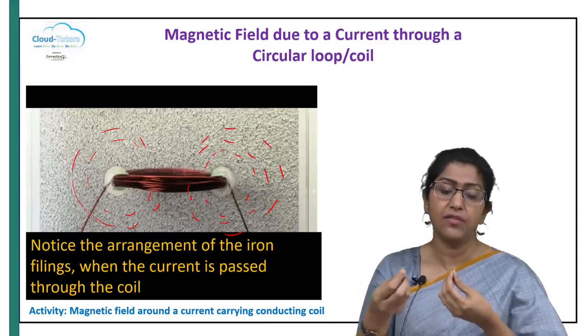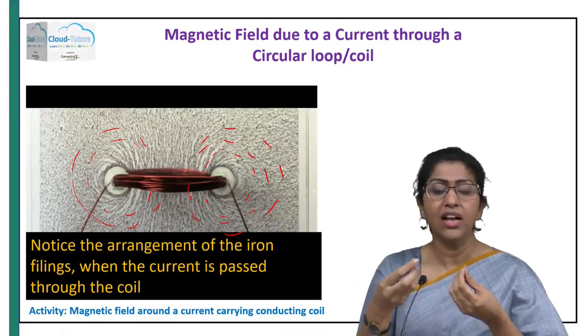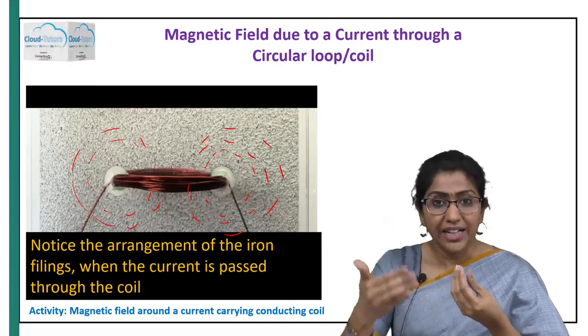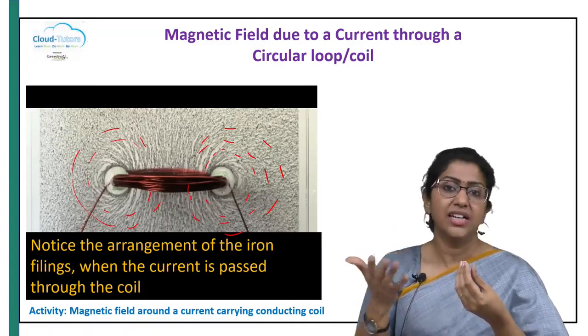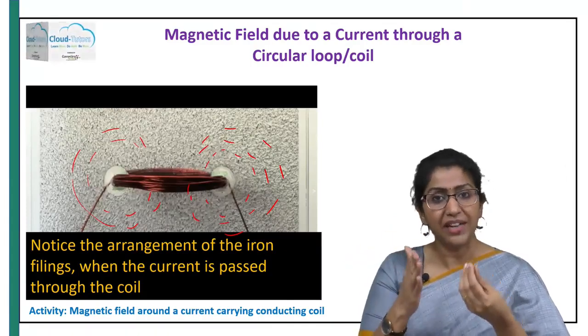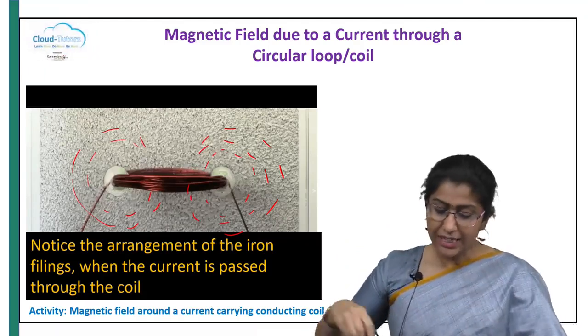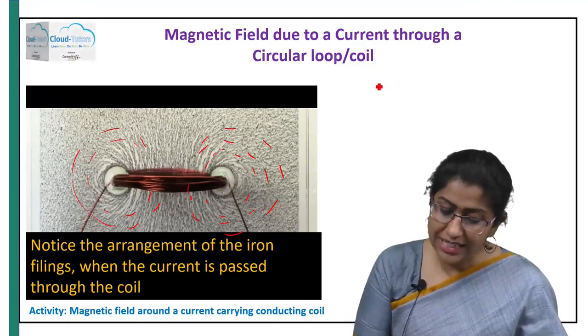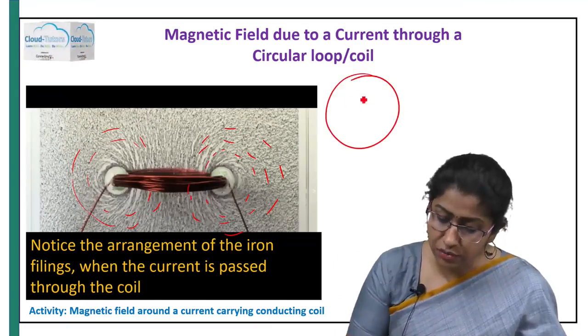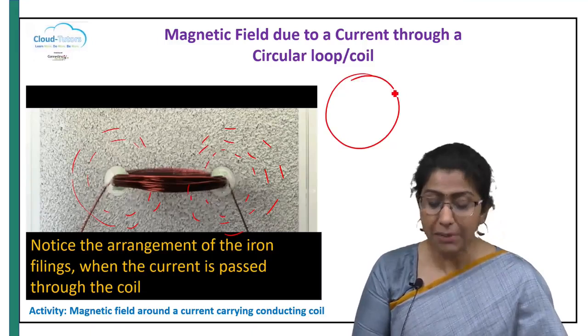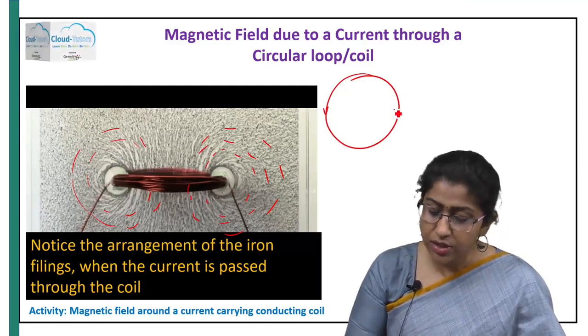So once we started the flow of the electric current through the coil, of course the direction of the electric current created a certain kind of magnetic field around that coil. This is given by the clock face rule.